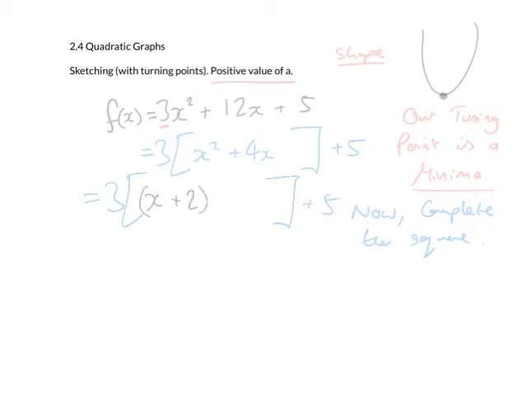So we halve 4 to get 2 and take away 2 squared, which is 4. The next step is to multiply 3 back in front of the two terms inside the square brackets. And the last step is to add the numbers outside at the end.